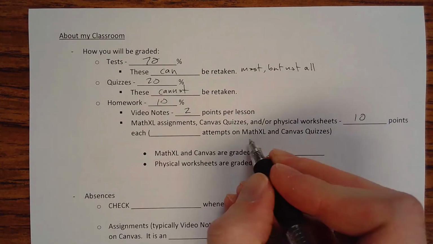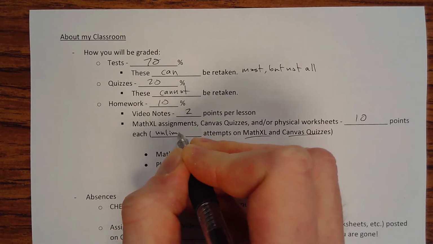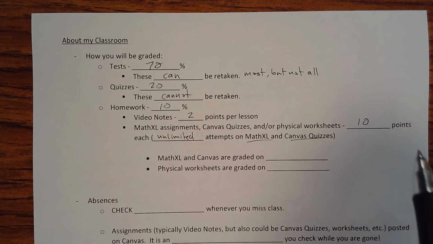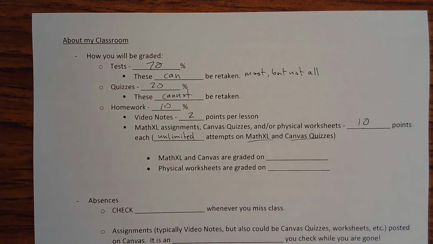And when it's a Math Excel or a Canvas quiz, it's unlimited tries. So there's absolutely no reason to not get almost 100 on that, unless you flat out don't understand it. And even then, you'll be in class to ask questions, so you could potentially very easily get 100% at least on this. So if you happen to forget to do your notes, you sit down and watch your notes at the beginning of class.